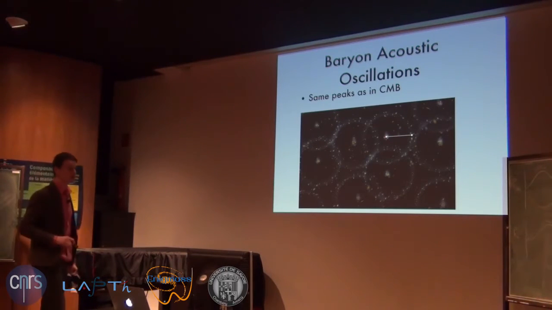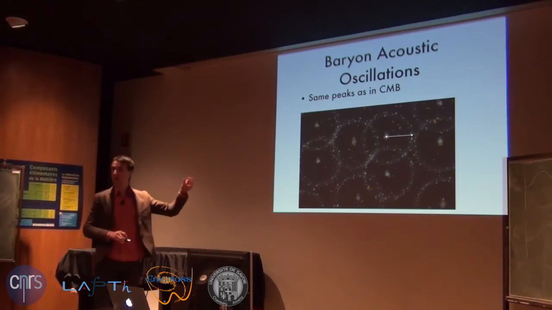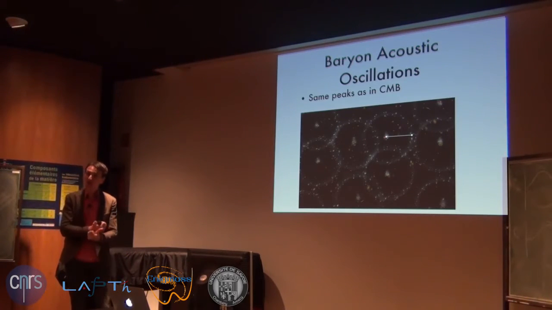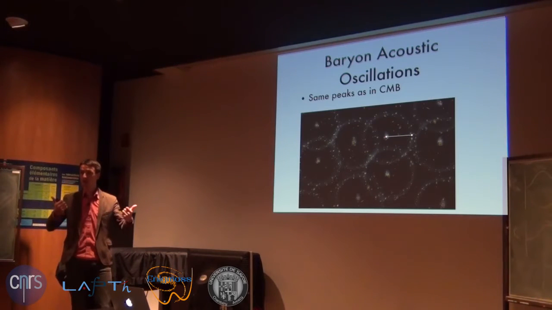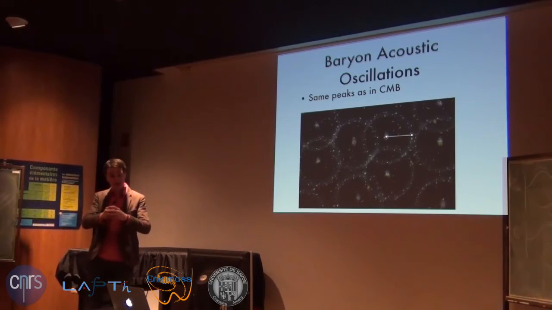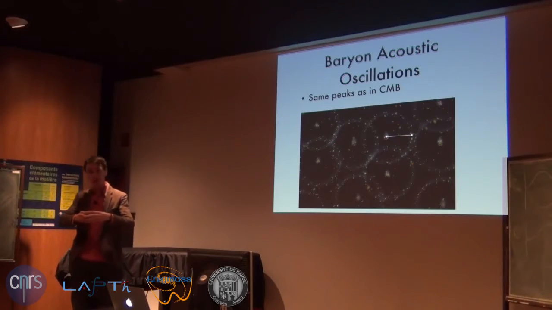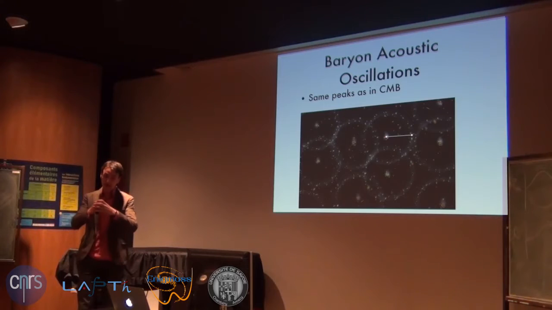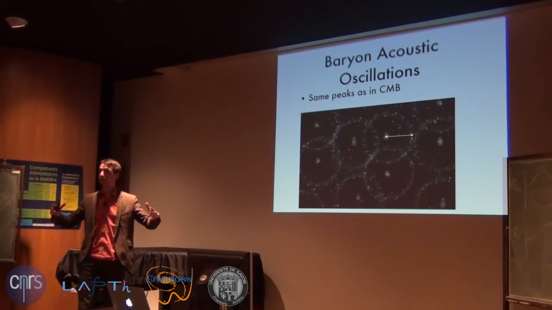Around every overdensity that was at a random but Gaussian correlated position, a pressure wave once moved outward under the influence of the photon-baryon pressure. This wave travels with a finite velocity that we can compute given perturbation theory. In a finite time it travels a finite distance, and then at some point photons decouple.